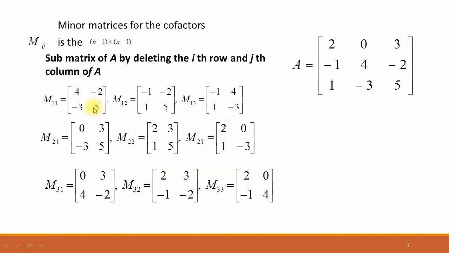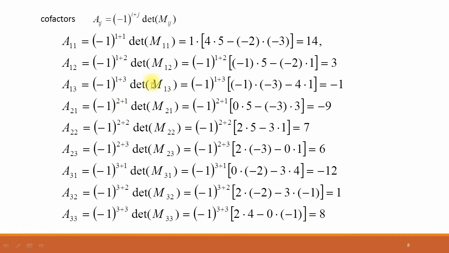Minus 1 to the power 1 plus 1 gives a positive result, and the determinant of M11 is 4 multiplied by 5 minus minus 2 multiplied by minus 3, which is 20 minus 6. So after simplification, cofactor A11 is equal to 14.